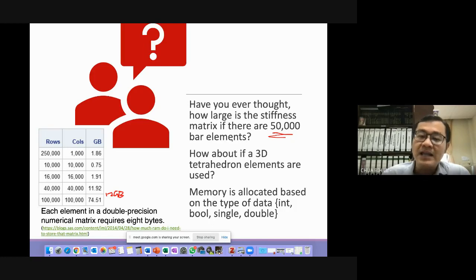This is only a bar element. Just imagine if we increase it to a 3-dimensional type of element, the number of equations to be solved simultaneously will also increase tremendously. It also depends on the type of data that you want to store in the matrix. Usually it is in the form of double in most cases, instead of integer, because these values can be 1.0235 and so on.